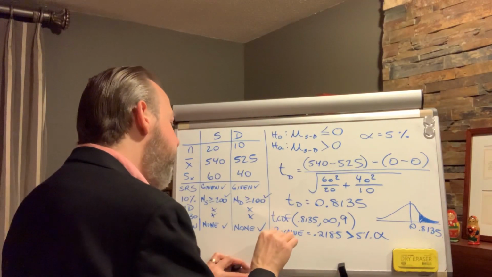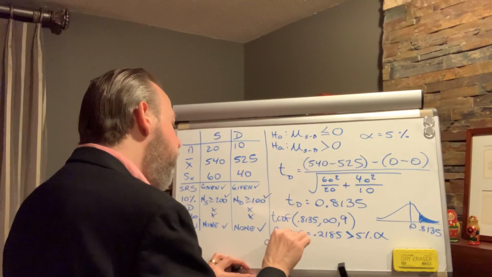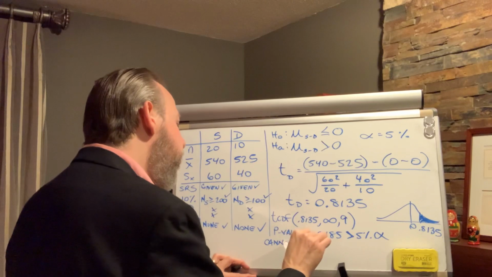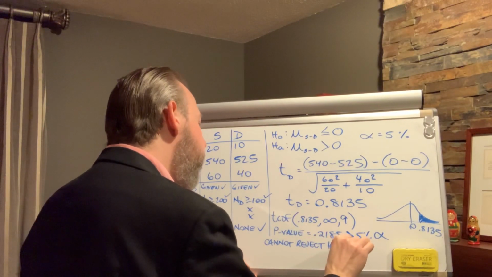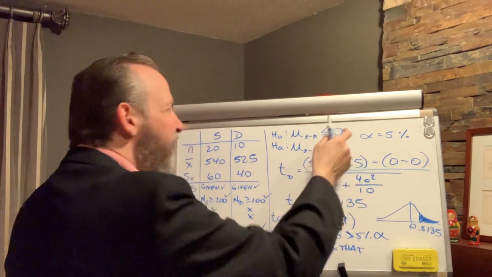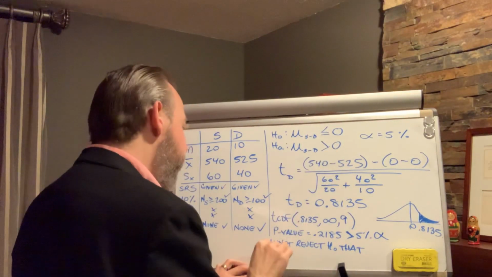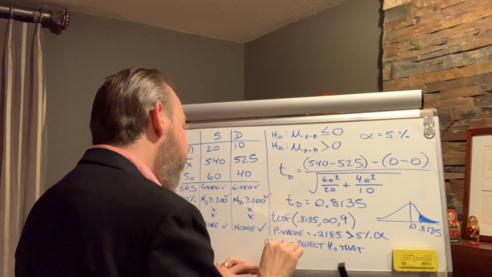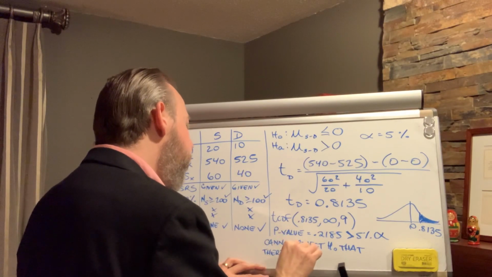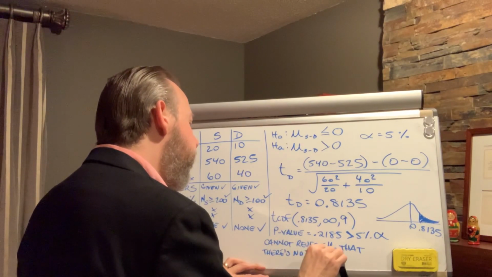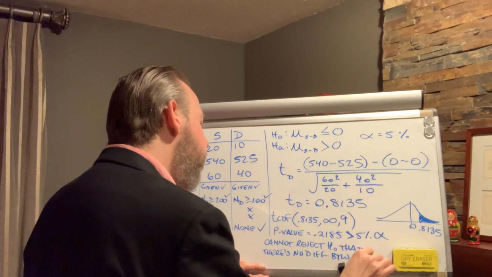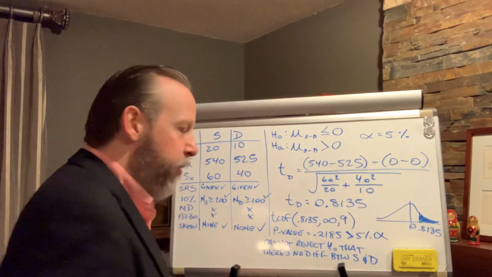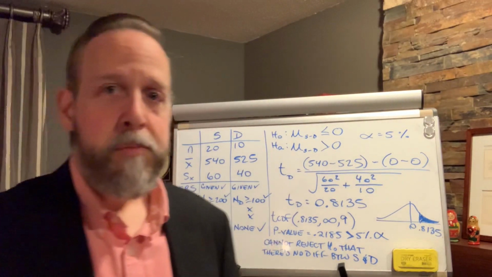So based on this data, we cannot reject the null that there's really no difference. So there's no difference between Shelton and Derby.